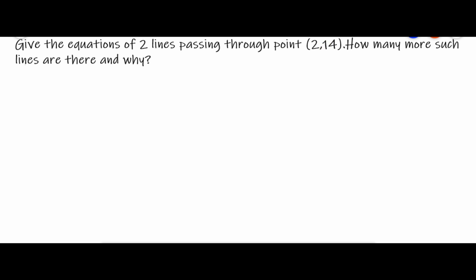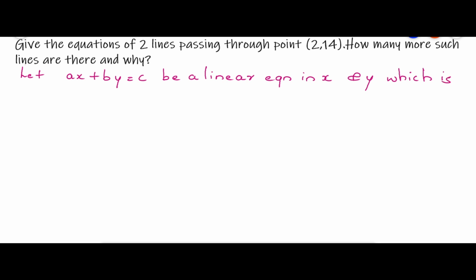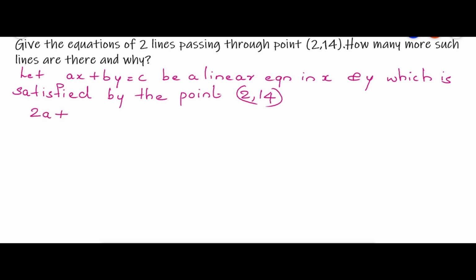Let ax plus by equal to c be a linear equation in x and y which is satisfied by the point 2, 14. So you can represent 2, 14 as 2a plus 14b is equal to c.